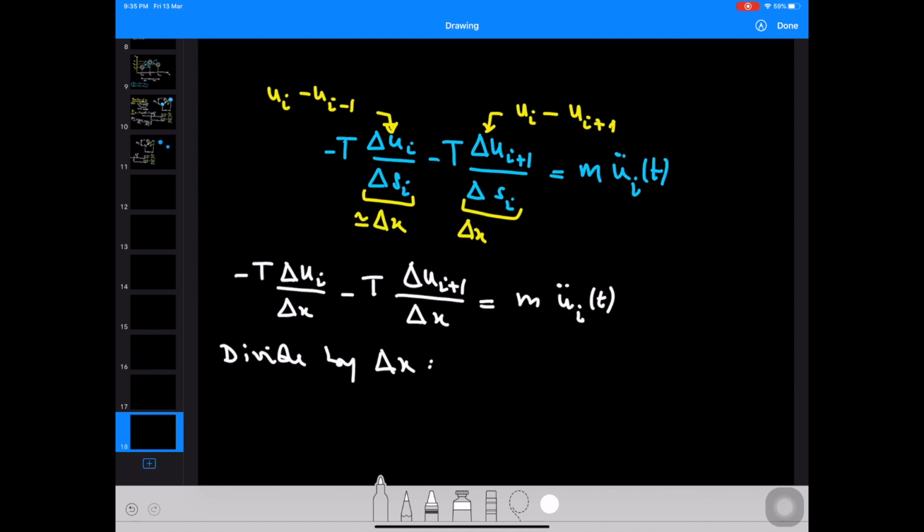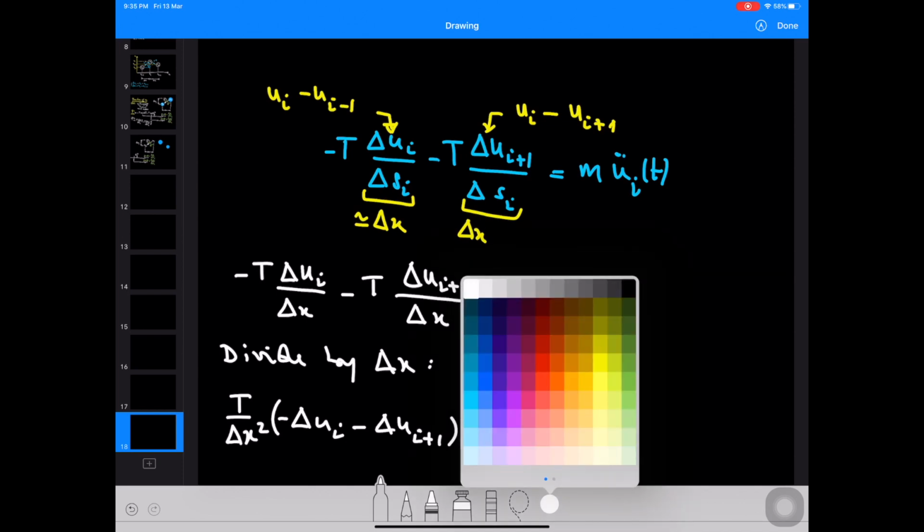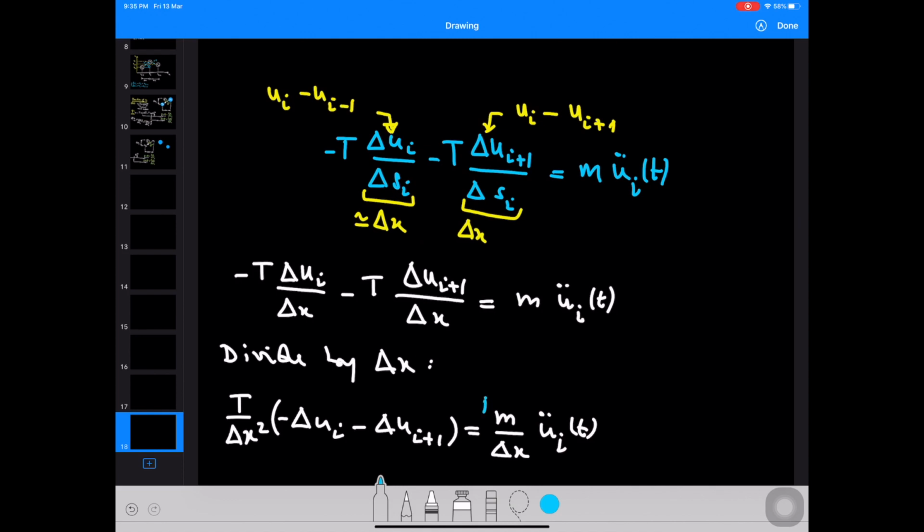So we'll get minus T, or we can just put here T over delta x squared times negative delta u_i negative delta u_i plus 1 is equal to the mass over delta x times the acceleration. Good. Now what we do here, we replace this by rho.